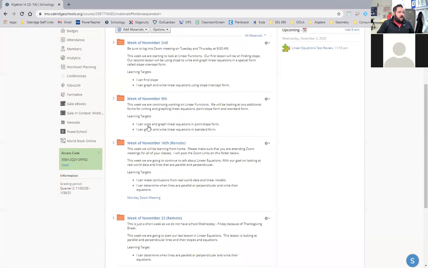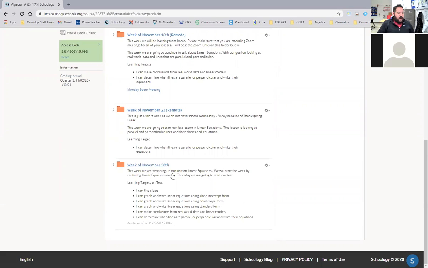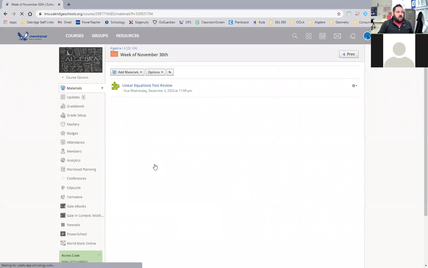If you're on Schoology and you look at the week of November 30th, it talks about our test, and again, those are our learning targets right here, the things that are going to be covered on the test: finding slope, graphing and writing linear equations in slope-intercept form, point-slope form, standard form, doing those real-world data and linear models, and then determining if a line's parallel or perpendicular. Once you click into there, you're going to see where you have linear equations test review.